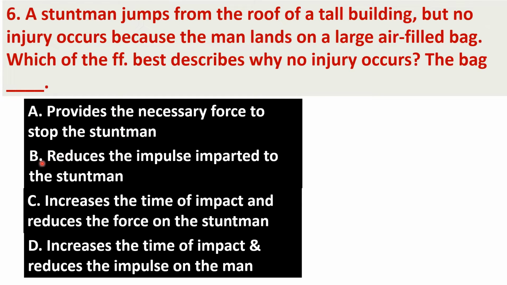Letter B, the bag reduces the impulse imparted to the stuntman. Letter C, the bag increases the time of impact and reduces the force on the stuntman. And letter D, the bag increases the time of impact and reduces the impulse on the man.